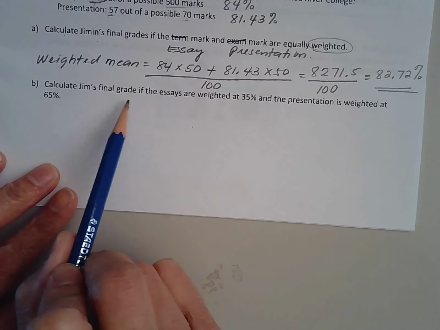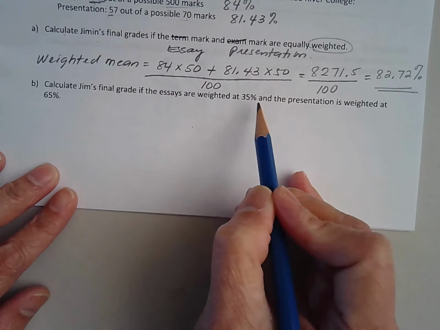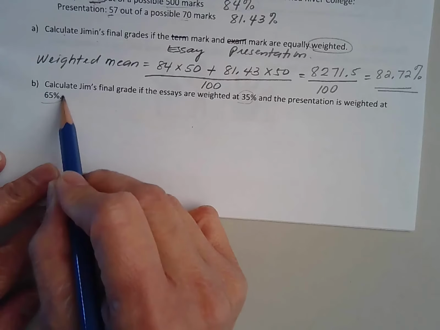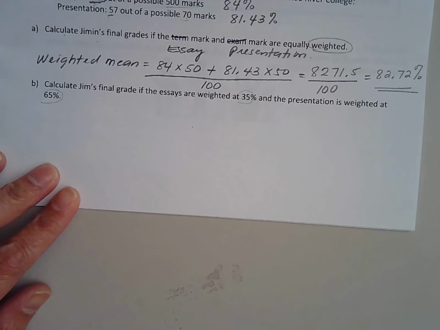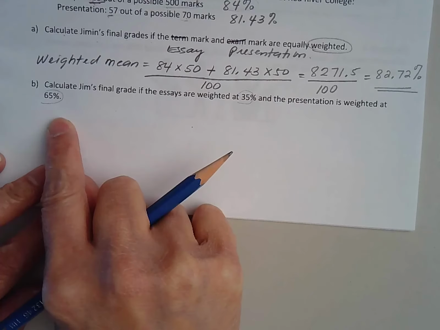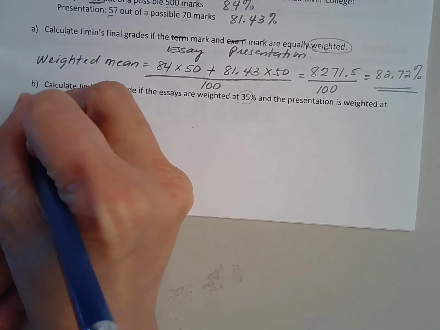What happens when the weights are 35-65? What would the average be, the mean, when the weight is a 35-65 split?